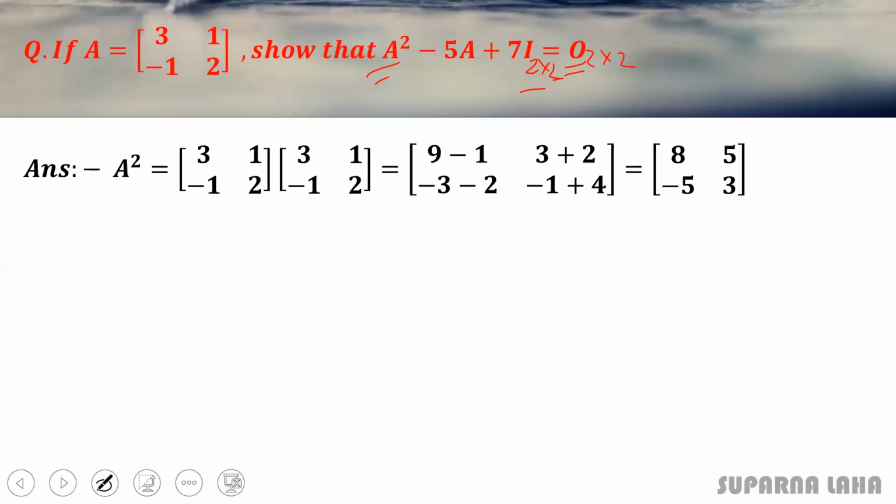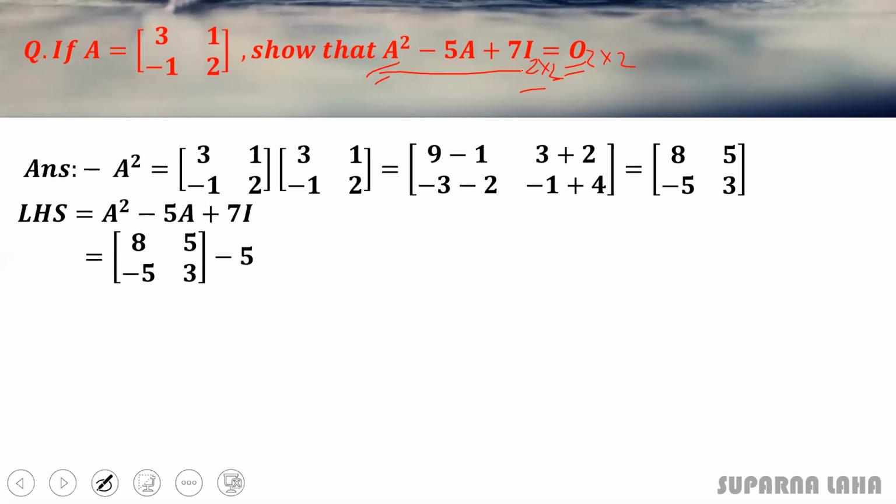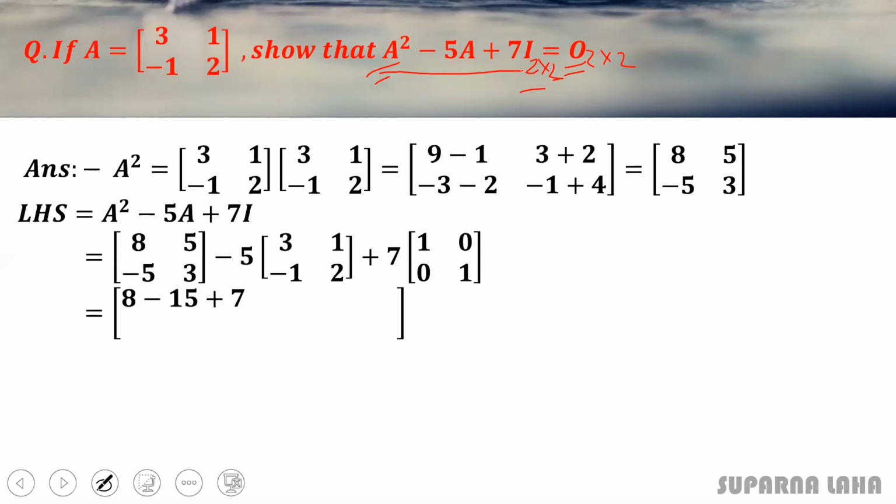Now write down the LHS, that is A square minus 5A plus 7I. Put in the matrices A square, A and I: 8, 5, minus 5, 3, minus 5 into 3, 1, minus 1, 2, plus 7 into 1, 0, 0, 1. This is the 2 by 2 identity matrix. Now simplify it. Multiply with 5.